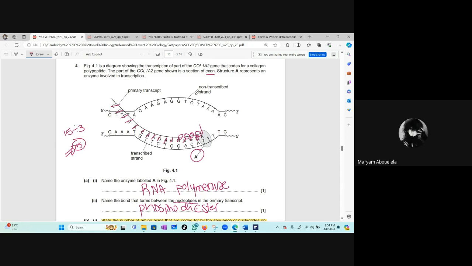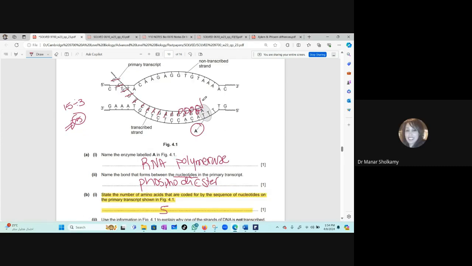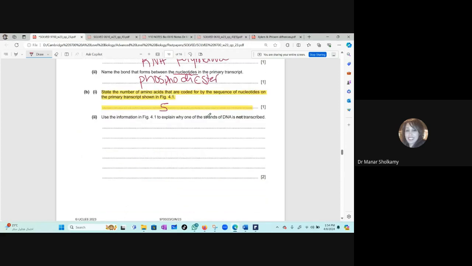No. If I have a different sequence of bases, this is going to give me the same protein or a different protein? Different protein. Because these strands don't have the same sequence of bases. Yes, they are complementary, they're not the same.